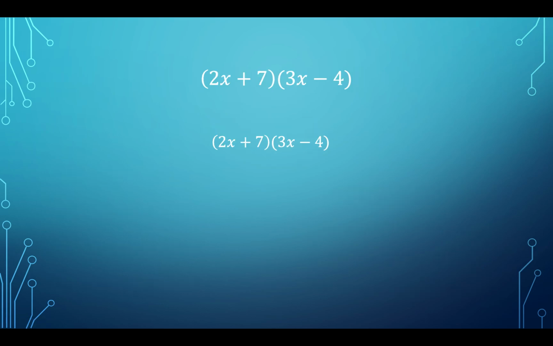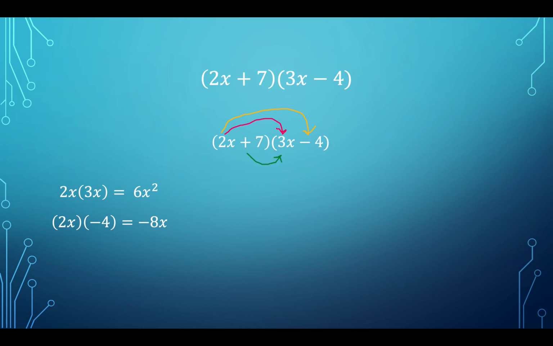Now let's try this one. 2x plus 7 times 3x minus 4. First thing we have to do is multiply 2x times 3x, and that gives us 6x squared. Next, we multiply 2x times negative 4, which gives us negative 8x.